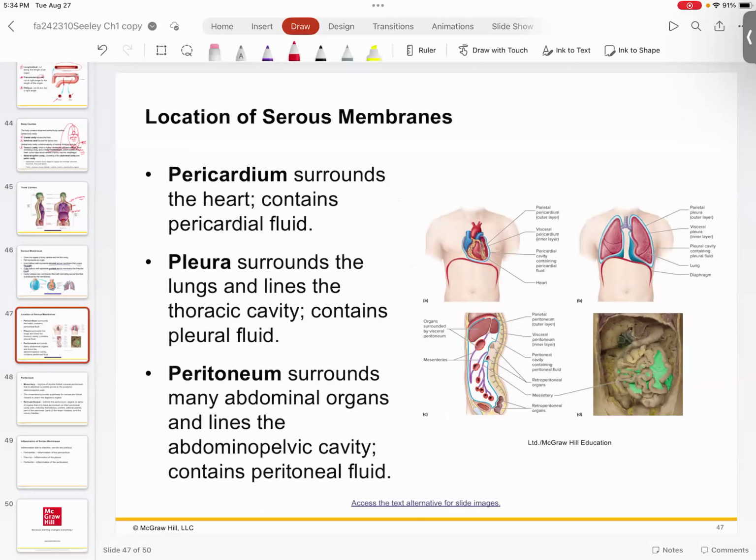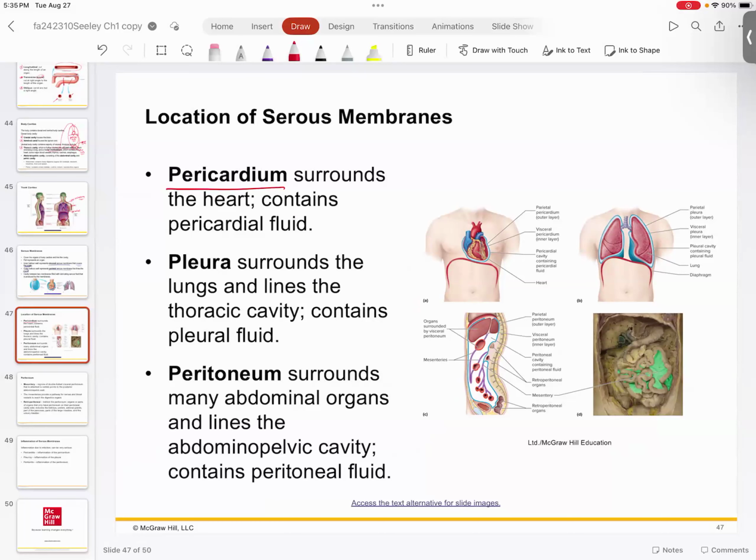For instance, in the heart, it's the pericardium. These are the serous linings that surround the heart. One is resting on top of the heart. There's a pericardial cavity filled with fluid. And then there's the parietal pericardium on the outside. It forms kind of like a little cellophane baggie, the pericardial sac, around the heart itself.